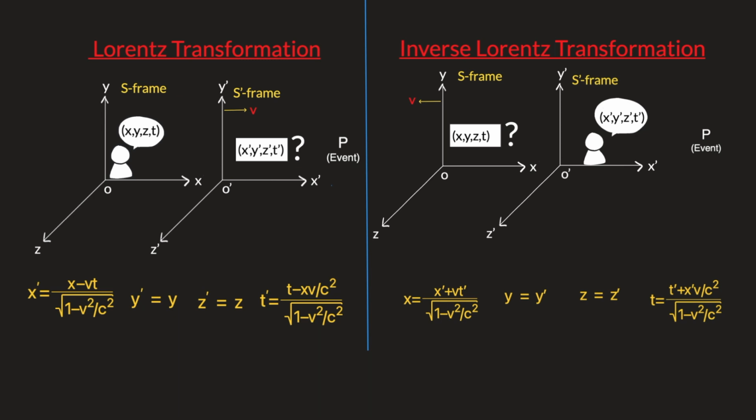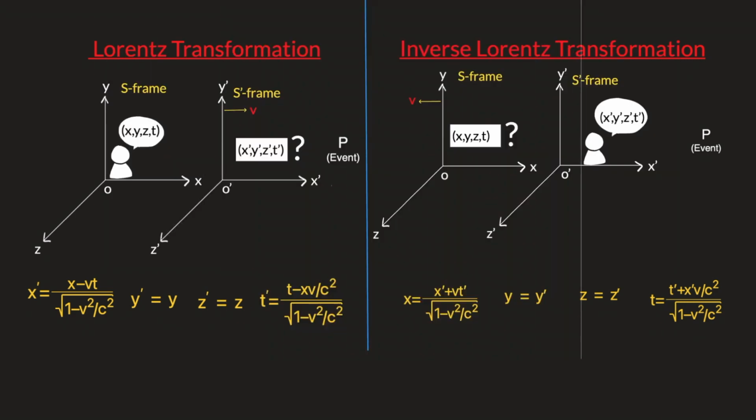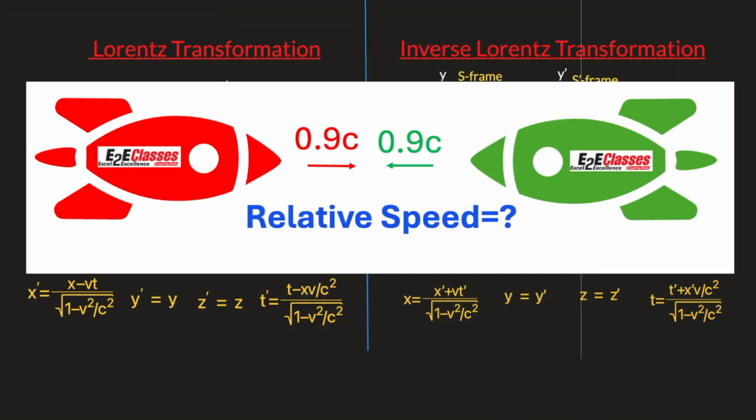Several other relativistic phenomena such as length contraction, time dilation, relativistic velocity addition, etc. are based on Lorentz transformation and inverse Lorentz transformation, which I will present one by one in the coming lectures.